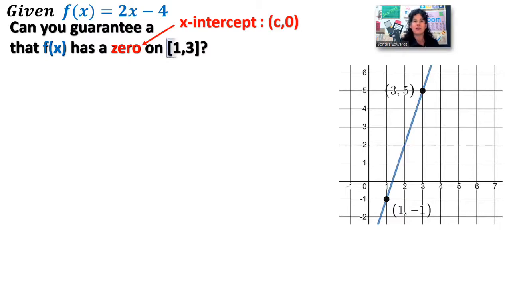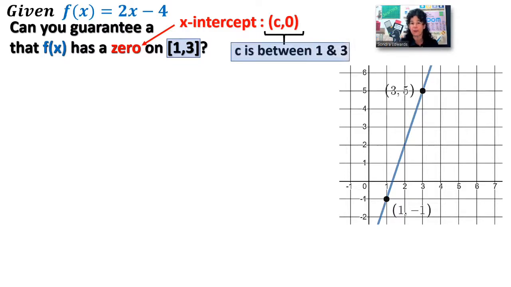Okay, and then we're looking at the function f of x on the closed interval 1 to 3. So that means that the c value, the x-intercept, is not going to be at 1 or at 3. It's going to be somewhere between 1 and 3.